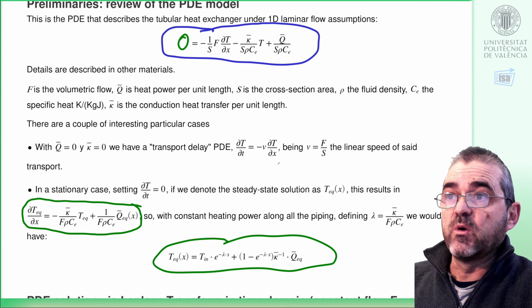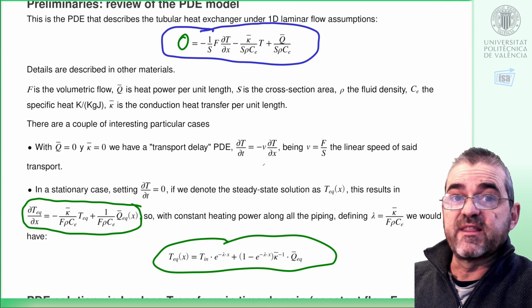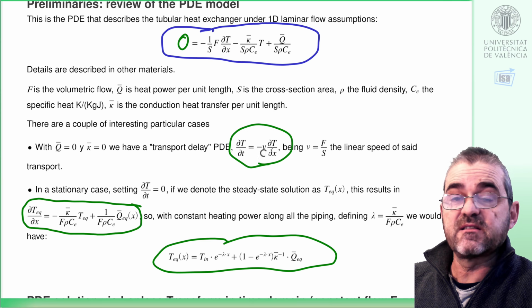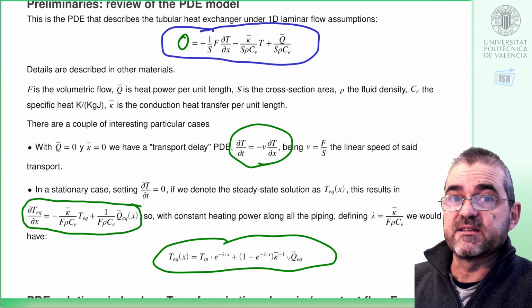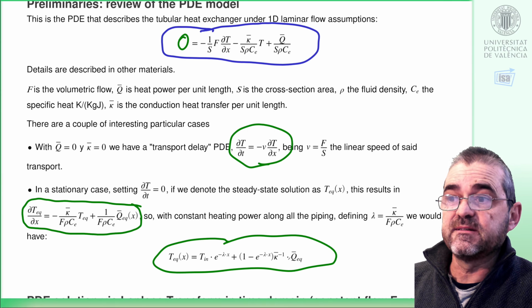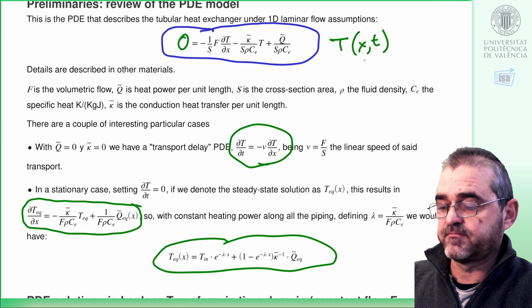Of course, our goal is solving not only steady state, but also the transient, so that we will get this transport delay and this stationary regime as particular cases of our more general solution, temperature as a function of the position in the pipe and time.